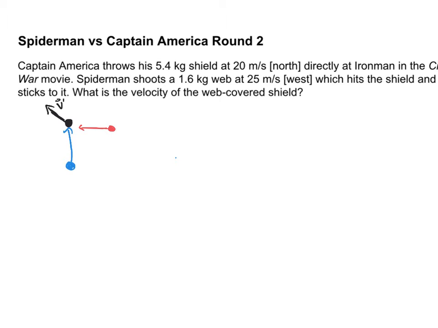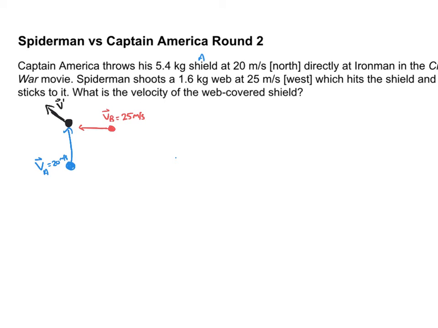The original ones, I'll use A for the shield and B for the web. So VA was 20 meters per second, and it was north, as represented by the arrow. And VB was originally 25 meters per second, and west, represented by the arrow as well.